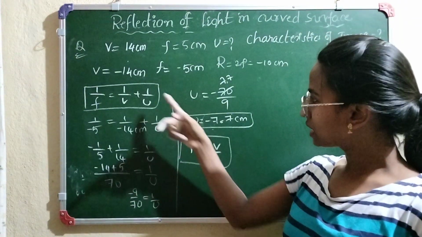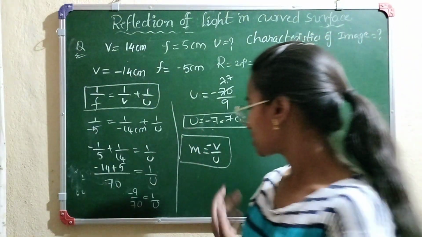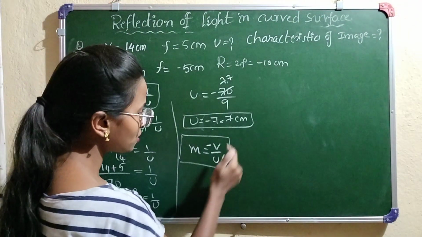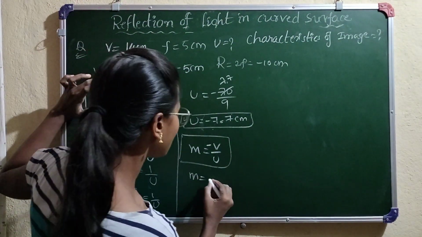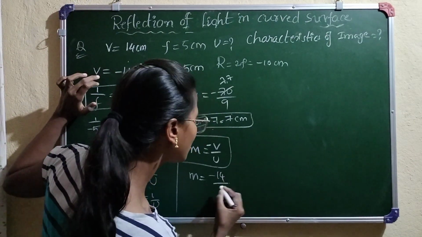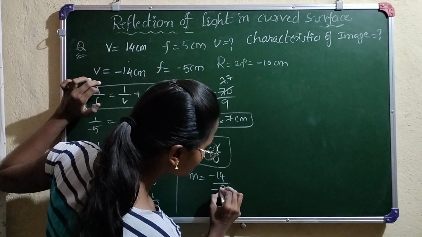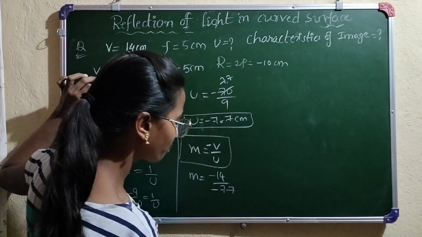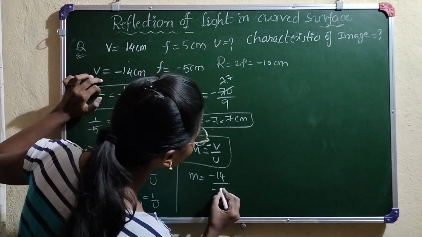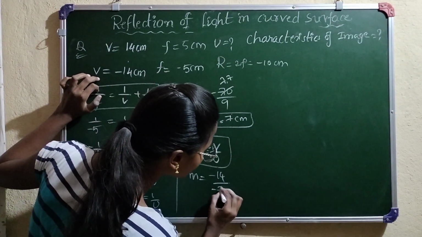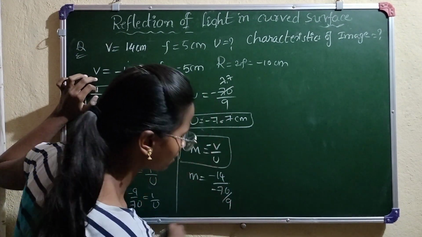But here we have the u and v values, so we just have to substitute these values. So now magnification is equal to minus v by u, which is minus 14 by minus 7.7. Instead of writing 7.7, I can also write the same value, minus 70 by 9.